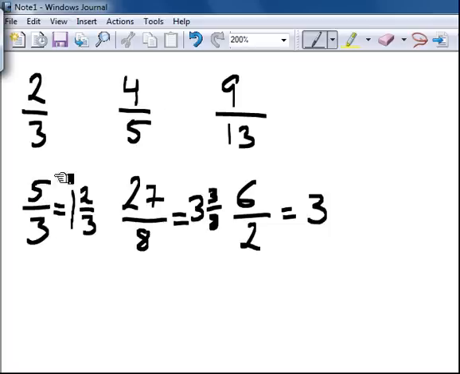These fractions, 5/3, 27/8, 6/2, are called improper fractions because the number up here, 5, is larger than 3 down here. 27 is larger than 8. 6 is larger than 2. So we can write these fractions, these improper fractions, as a mixed number in wholes and fractions. Okay, so 5/3 can be written as 1 whole and 2/3.